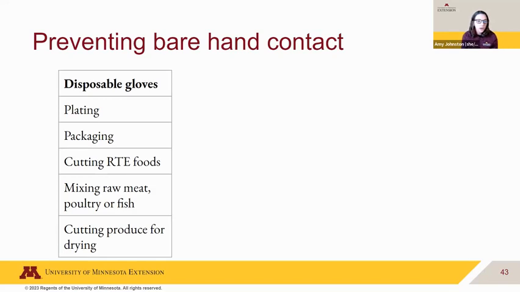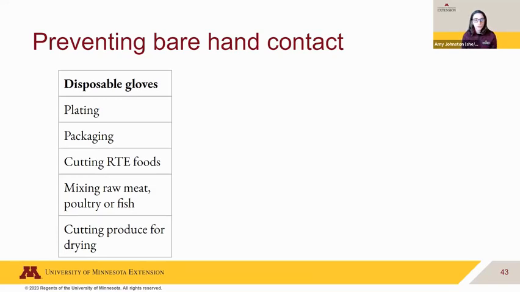I also included wearing disposable gloves when hand mixing raw meat, poultry, or fish, because that can act as a barrier to prevent anything from getting under your nails or in the grooves of your hands, which can be hard to remove during hand washing.